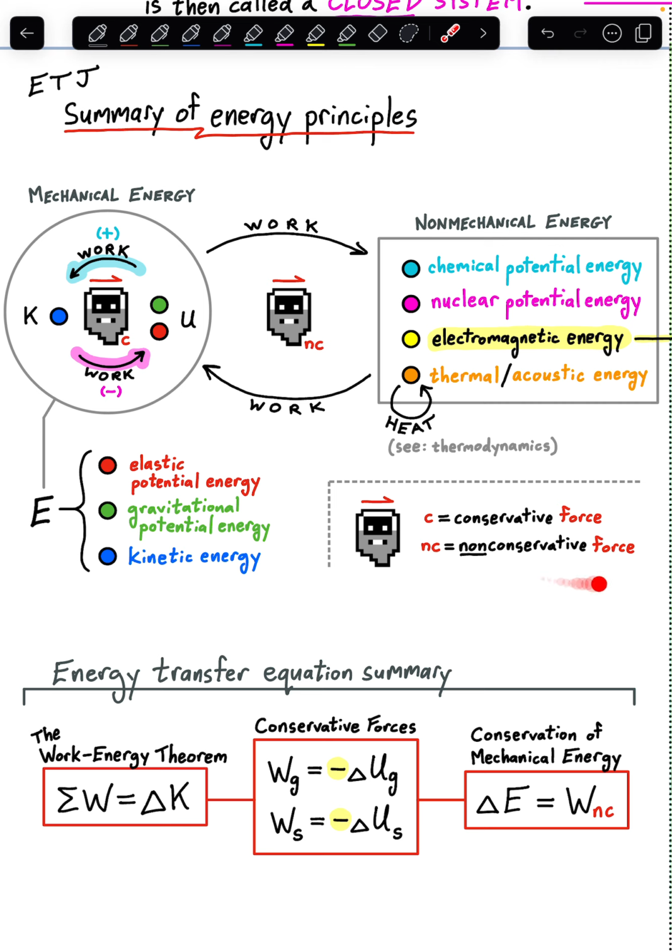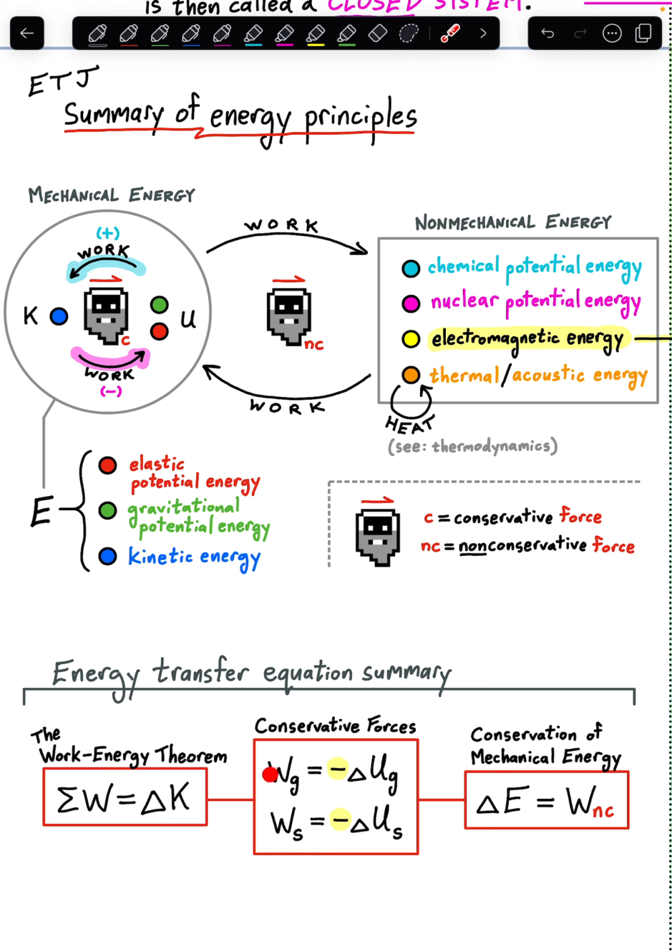Those are our energy categories. As far as our equations for energy transfer, we have the work energy theorem, which tells us that when forces do positive work, they add kinetic energy to objects, speeding objects up. When forces do negative work, they remove kinetic energy from objects, slowing the objects down.